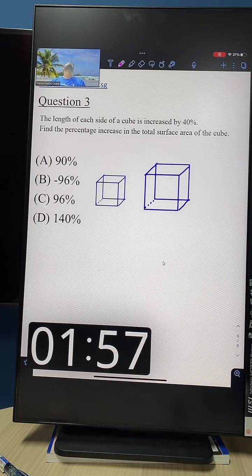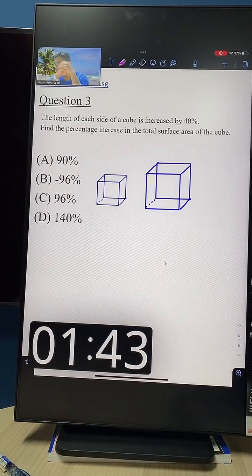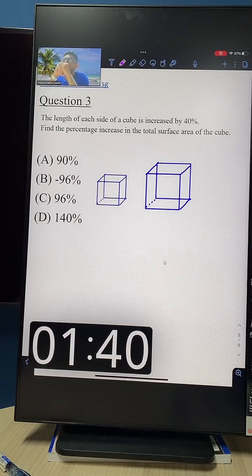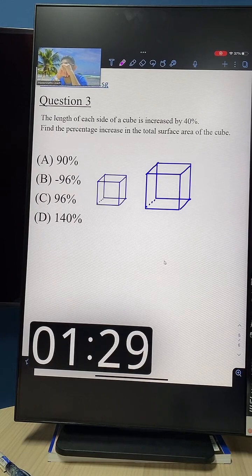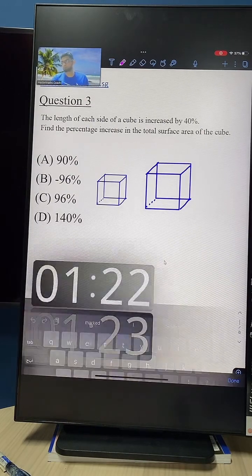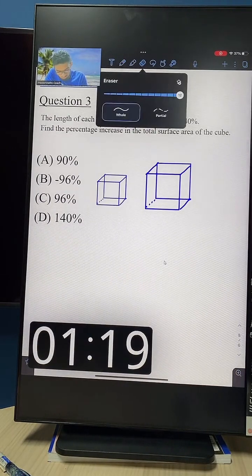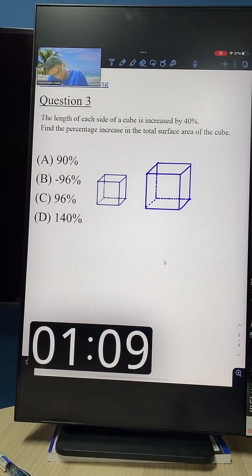Okay, guys? 1.5 minutes left for this particular example. One more minute, guys.